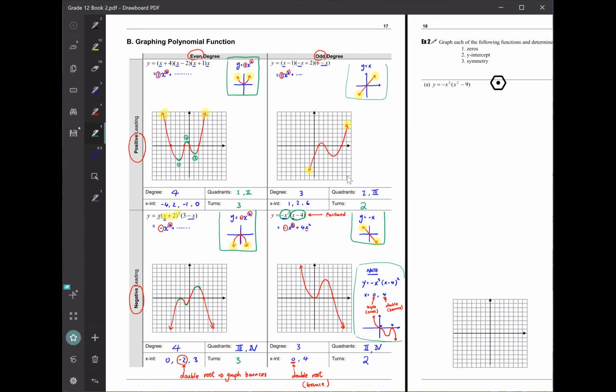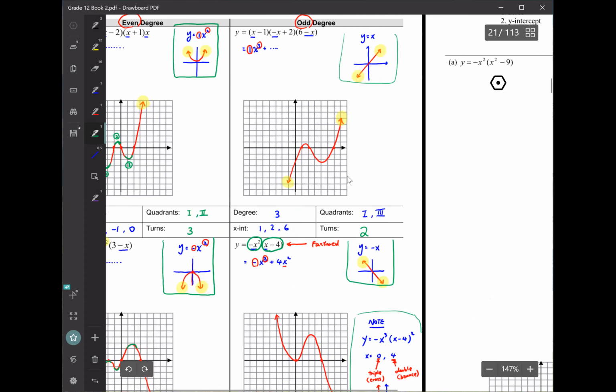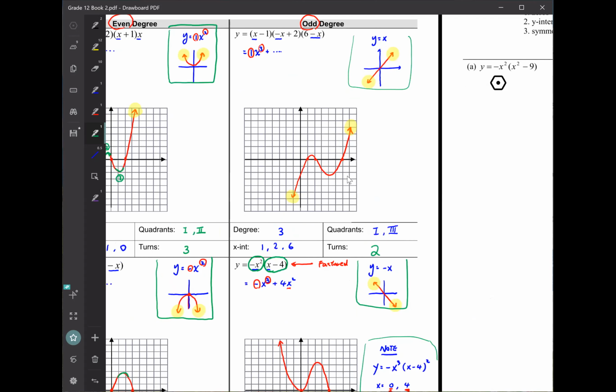You just memorize the green box, the 4 little graphs of the green box, and that should help you. Even positive, you think about a parabola. Even negative is also a parabola but open down. Odd positive is a line going up. Odd negative is a line going down. Then you know the quadrant.